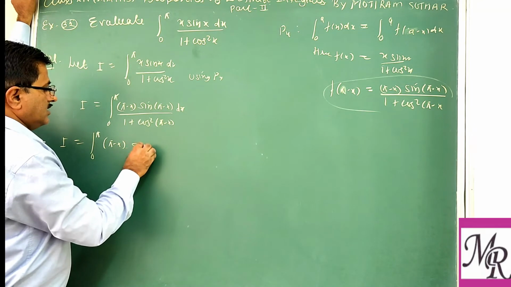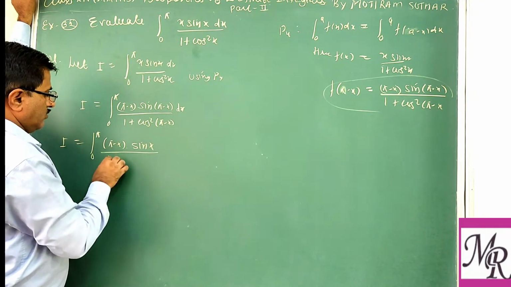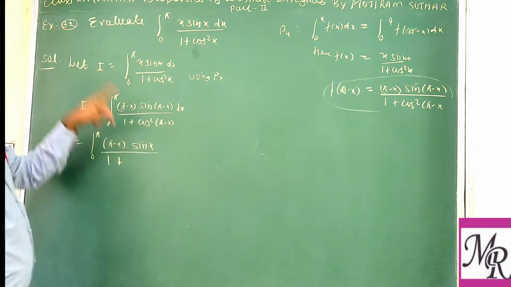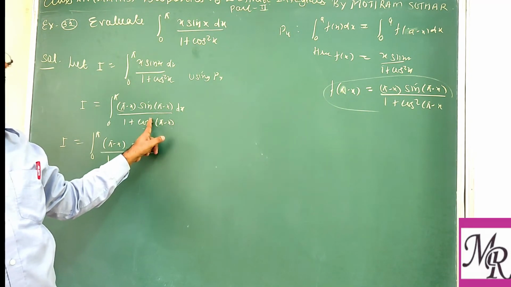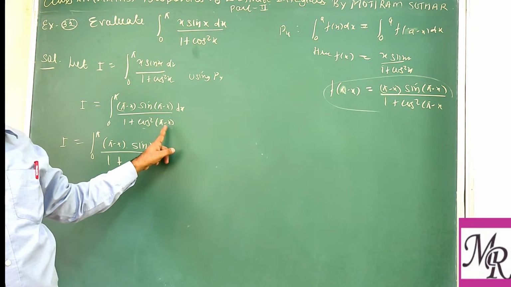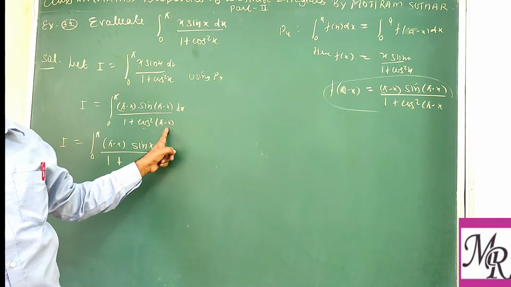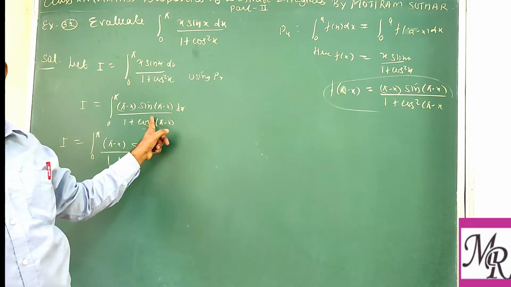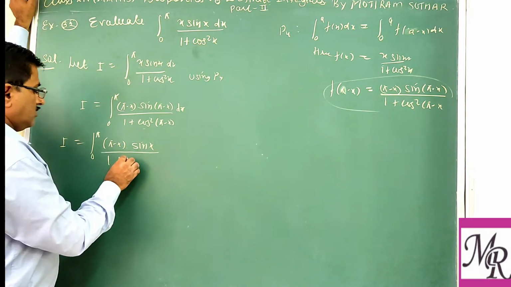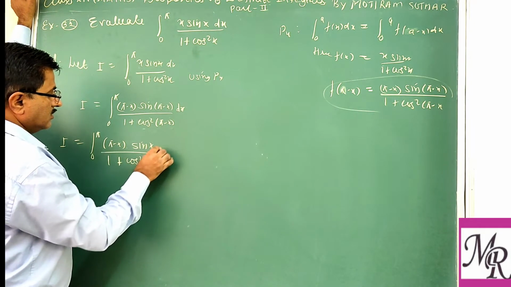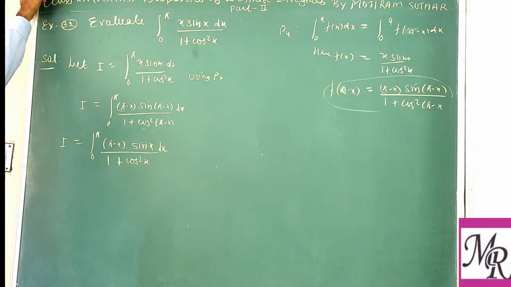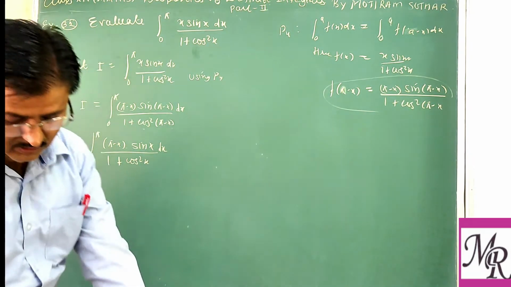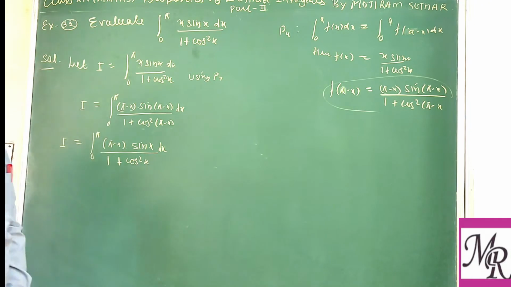So this is sin x upon 1 plus cos square of pi minus x. Cos of pi minus x is minus cos x, but because of the square it again becomes positive. Clear? So by using this property, we get it in this form.